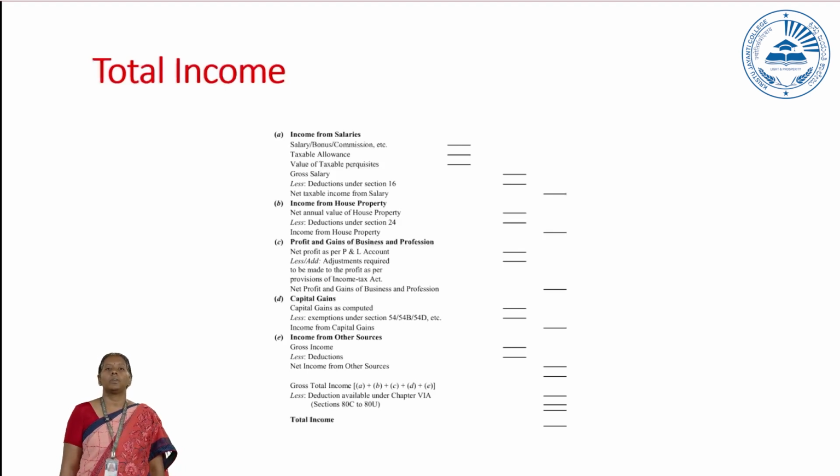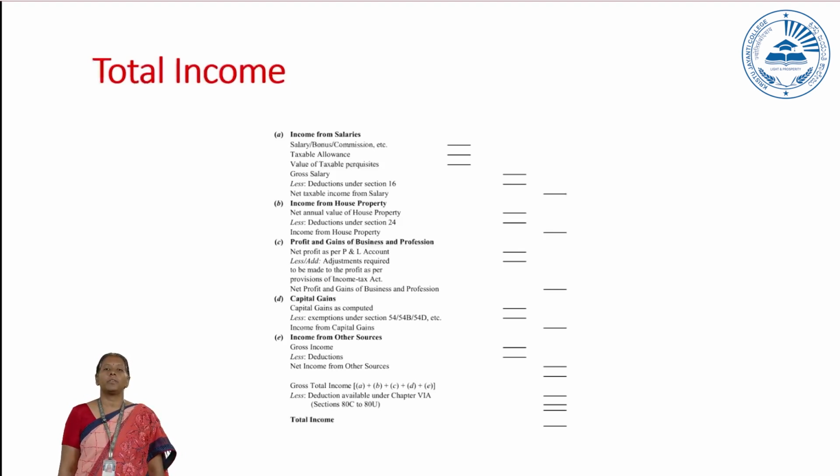The aggregate of 17.1, 17.2 and 17.3 gives us the gross salary. Once we are done with the gross salary, we deduct the deductions under section 16, 16.1, 16.2 and 16.3. If you deduct these from the gross salary, we arrive at the income from salary.